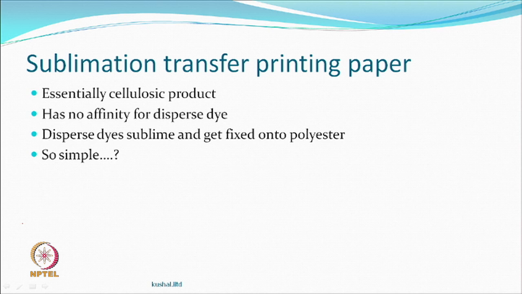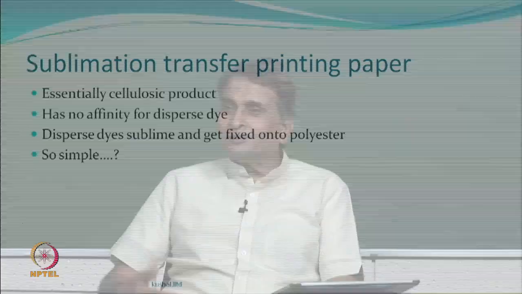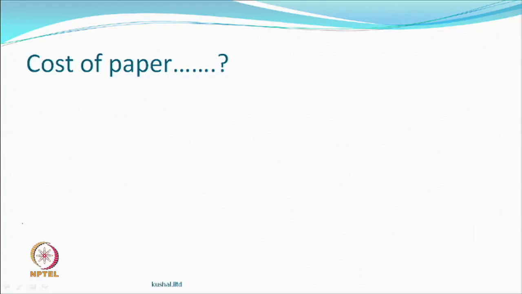So, it appears to be a very simple process as long as you are able to get a printed paper. If the printed paper is good, then the transfer will be easy. Generally this is the principle which people thought should be able to attract commercial interest, and which also happened.